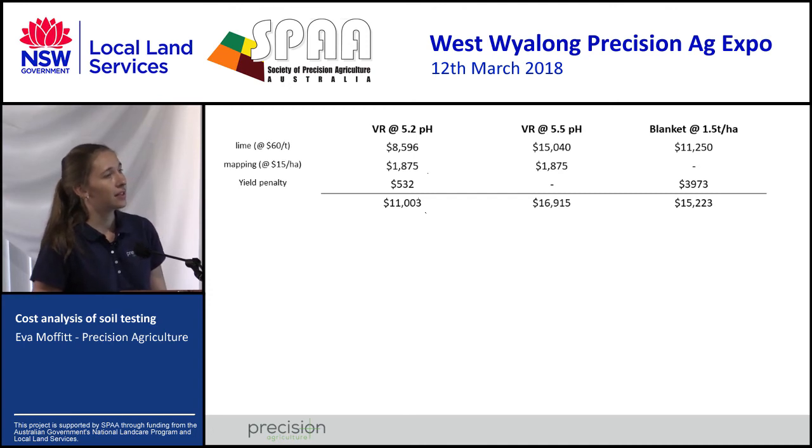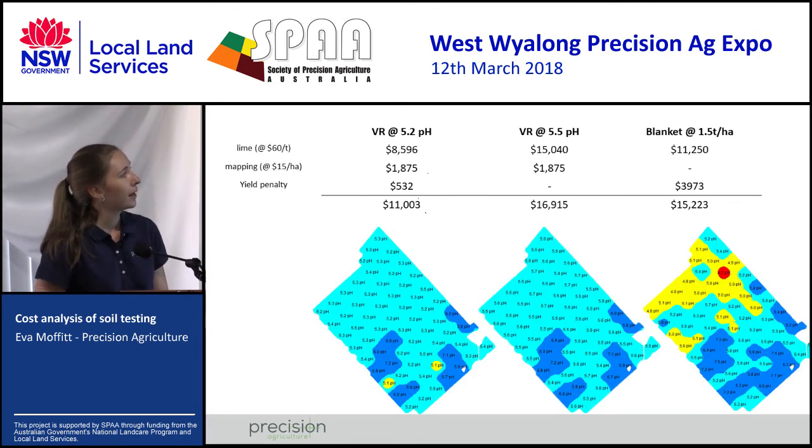But the other thing to consider is what have we actually ended up with from that management practice. So this is a theoretical pH after each of those applications. Our variable rate pH maps are reasonably similar, except the 5.5 has obviously all those areas getting to around 5.5, 5.6, whereas our VR 5.2 target is only getting to around 5.2, 5.3.